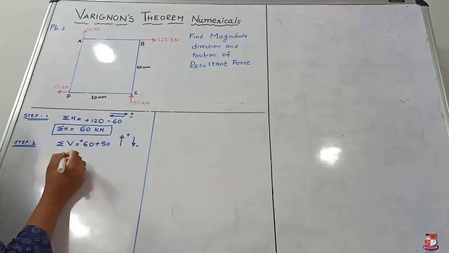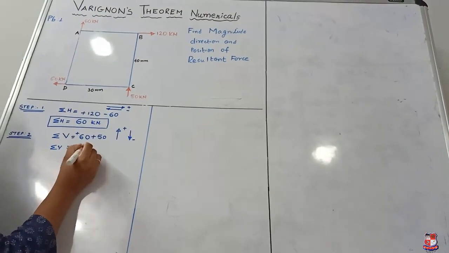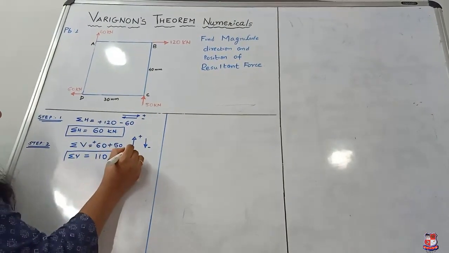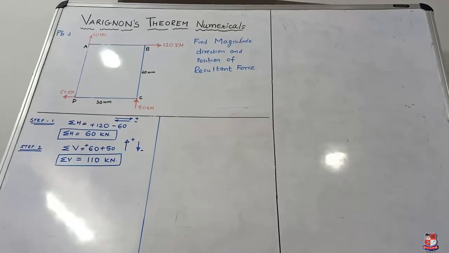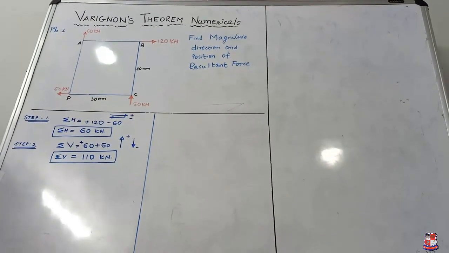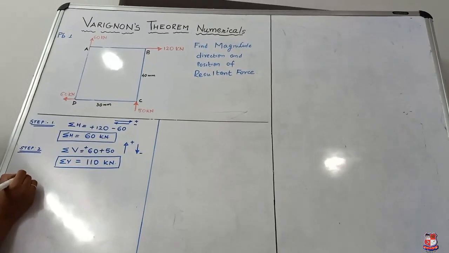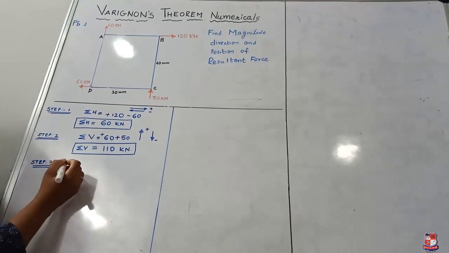So we get sigma V is equal to 110 kilonewtons. So we have found out the values of sigma H and sigma V. Both are positive.